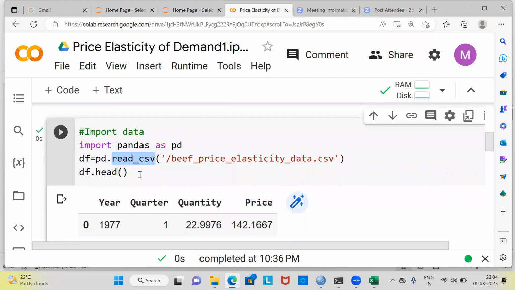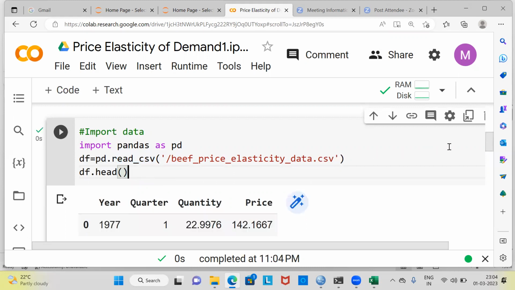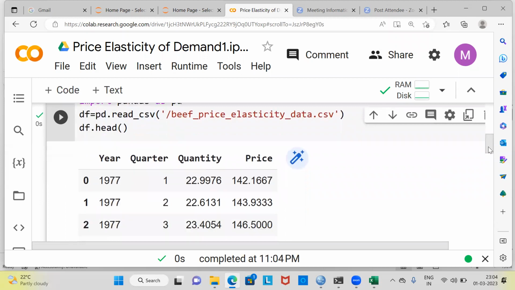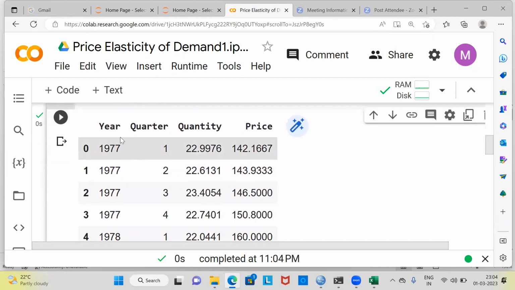So the read_csv helps me read the CSV file. I've specified the name of the data set which I'd like to read, and I'd like to display the first 5 records of this particular data set. You can see here year, quarter, quantity, and price. These are the 4 variables which we have imported into Google Colab.